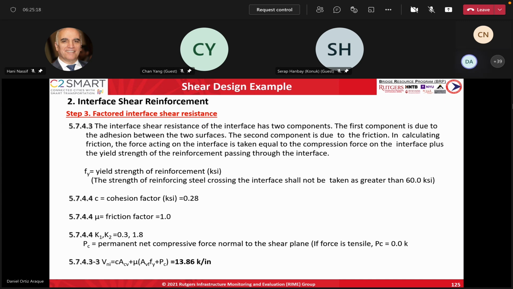And Pc is the permanent net compression force normal to the shear plane. But note that this force is at the shear interface, and because our neutral axis is above this shear interface, this force is equal to 0. So that's why here you have it as 0.